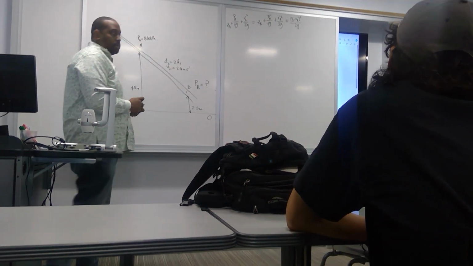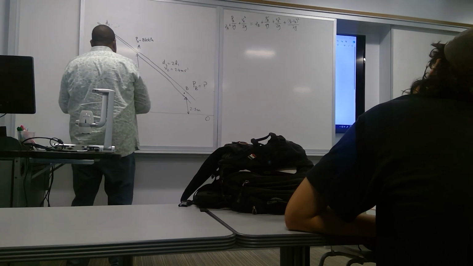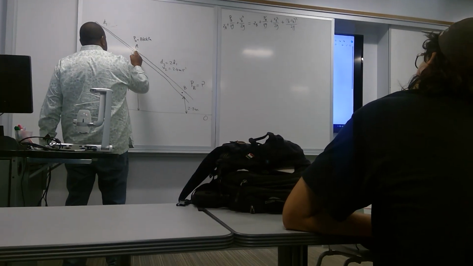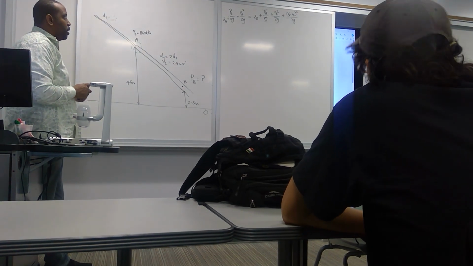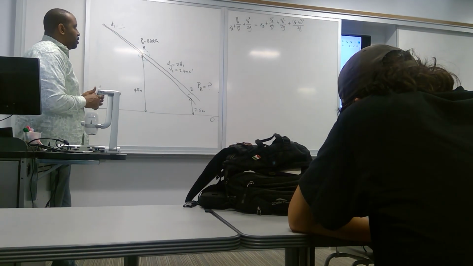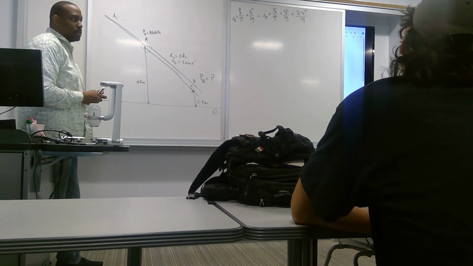You with me? Because now I have my loss in this area because I have a sudden expansion. And we can't get rid of our ZA and our ZB. What are we trying to find? PB.